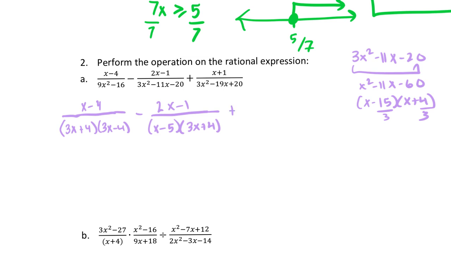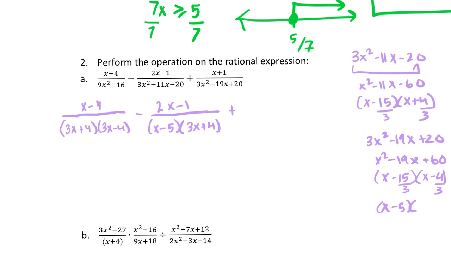And then this last factoring, I probably want to also double check. So I'm going to take that x squared minus 19x plus 60. We've got x minus 15, x minus 4. Divide both sides by 3, and we've got x minus 5, that's good, and 3x minus 4, also good.